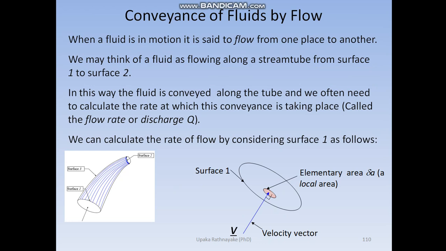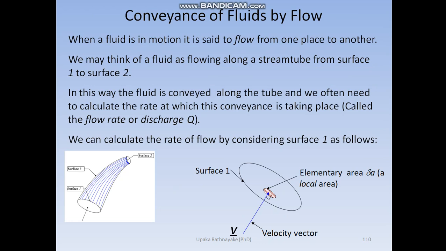Now, let us mathematically express the conveyance of fluid flow. If we consider the stream tube, we know we have flow through two surfaces. They are the cross-sectional surfaces.